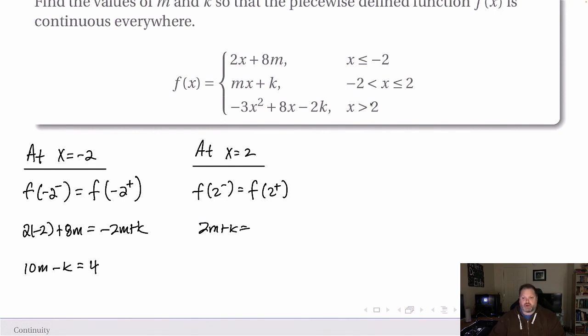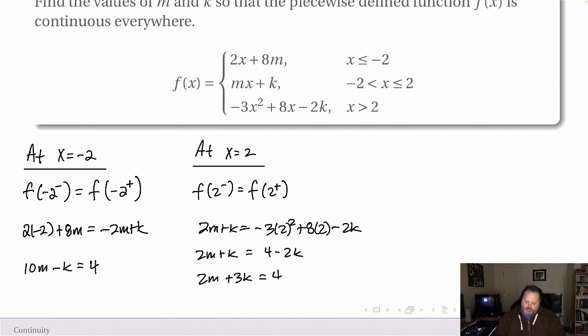And the function to the right of 2 would be this one. That has to equal negative 3 times 2 squared plus 8 times 2 minus 2k. So that's 2m plus k equals negative 12 plus 16, that's 4, minus 2k. And so writing it like I wrote this one over here, this will be 2m plus 3k equals 4, I believe.